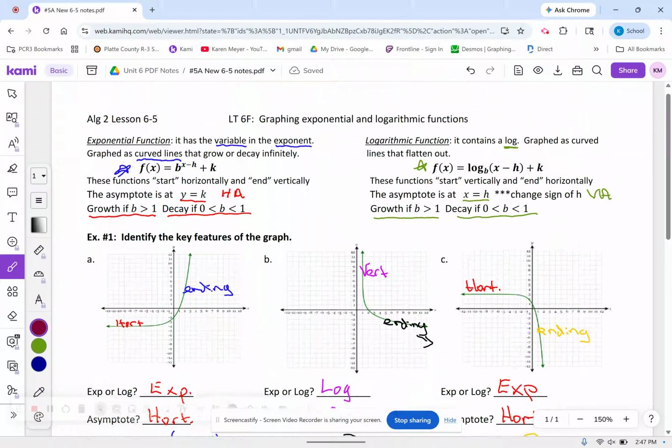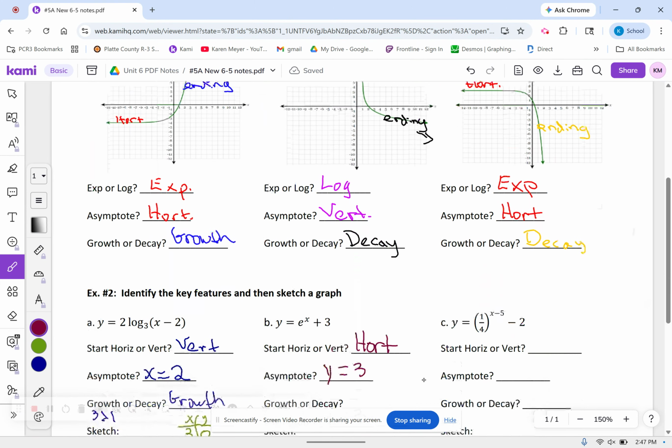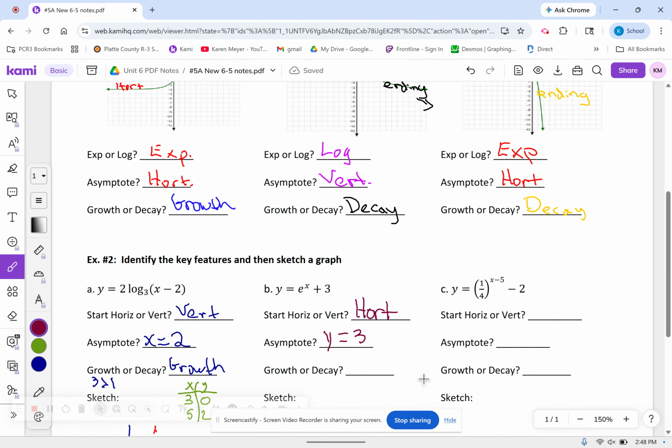For growth or decay, you look at the b. Okay, b is the one that has x attached to it. So if you look, what's attached to x, that's e. And if you remember earlier in our unit, we said e was equivalent to a number, 2.718, and so on.